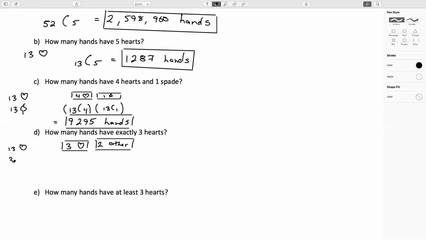That leaves us with 39 other. So the number of ways to get 3 hearts is 13 choose 3. And the number of ways to get 2 other is 39 choose 2. If you multiply these together, you will end up with 211,926 hands.